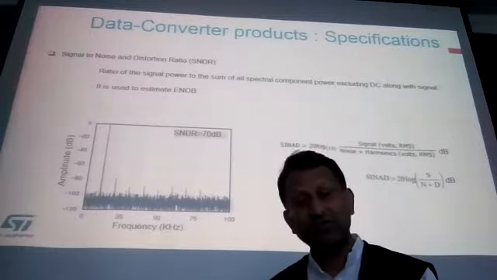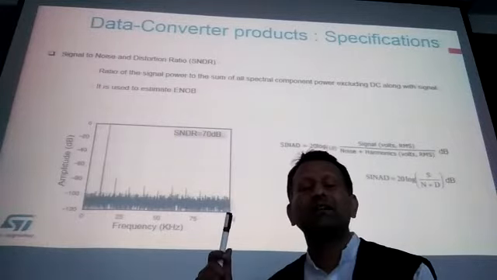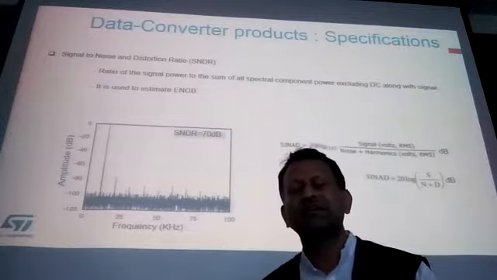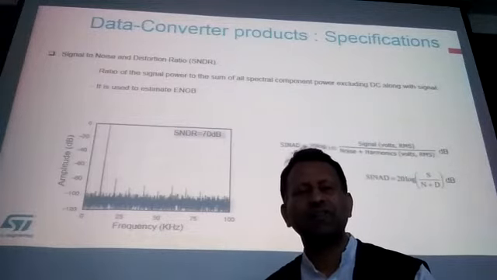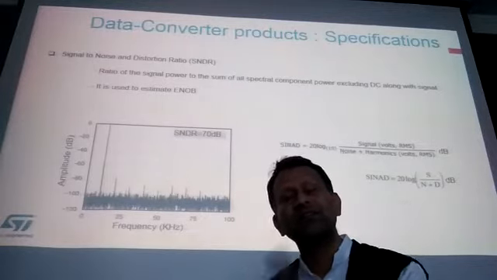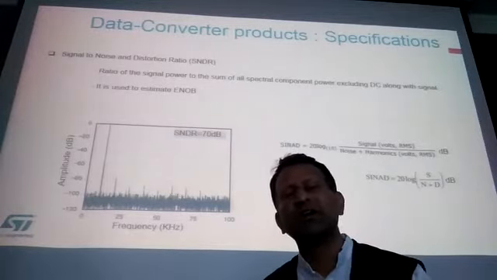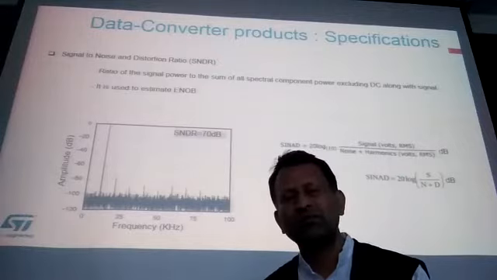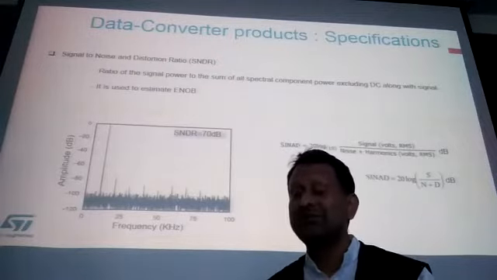Now another one is the signal to noise and distortion ratio. In the previous slide, I mentioned that sometimes this deterministic noise is excluded because in some applications it can be removed.